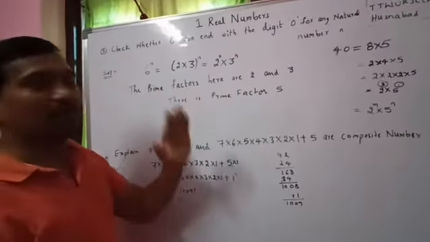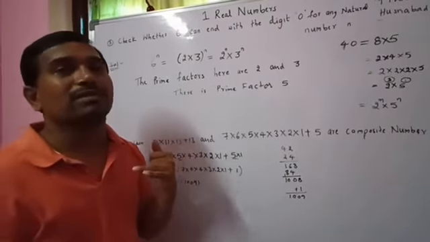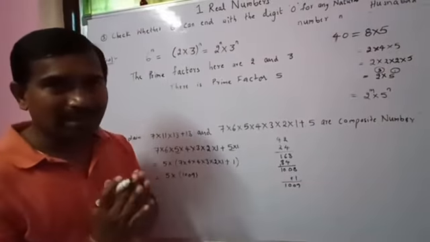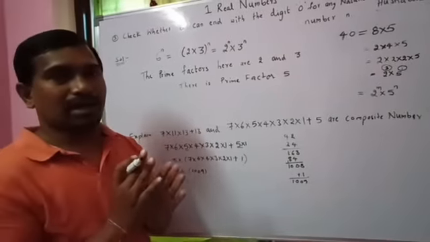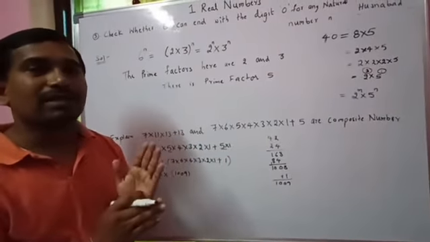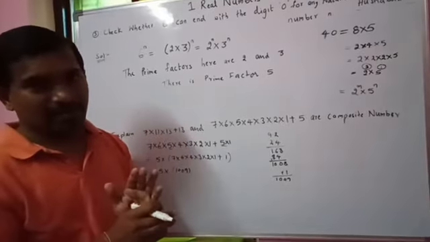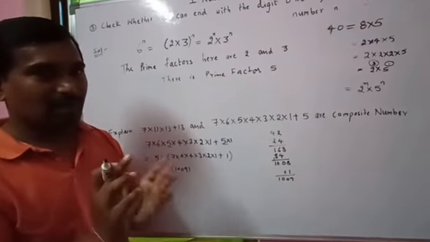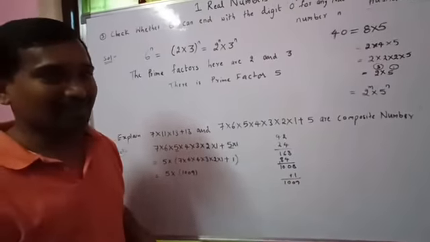So this 6 power n cannot end with 0 for any natural number n. Okay, are you getting? Any number that ends with 0 has factors 2 and 5. Keep in your mind, to end with 0, that number should have factors 2 and 5.